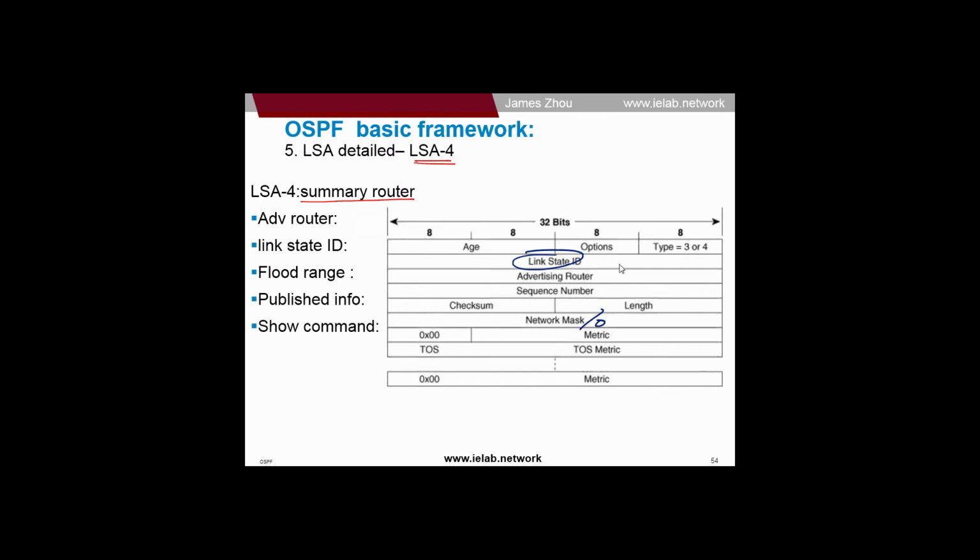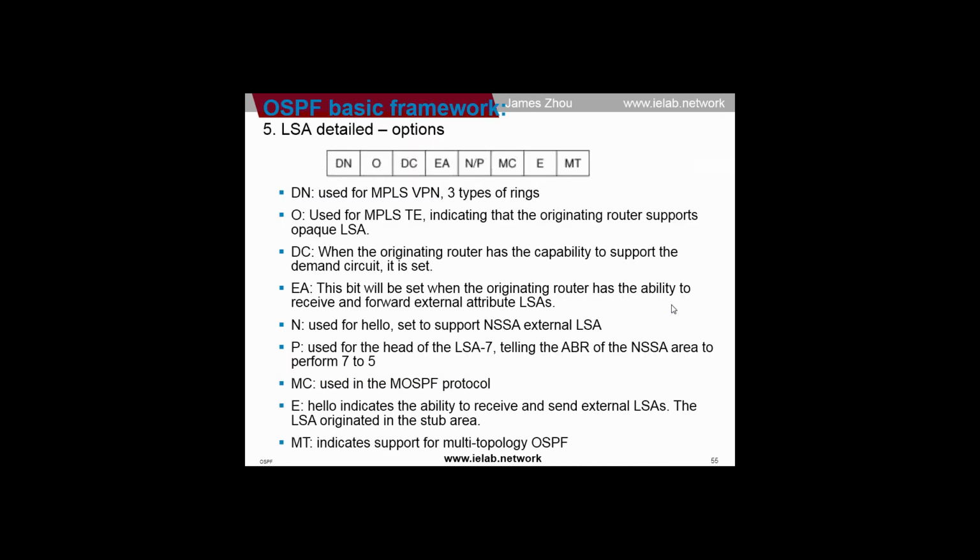The link state ID is the ASBR router ID. The metric is the distance from the ABR to the ASBR. This options field we will discuss later.